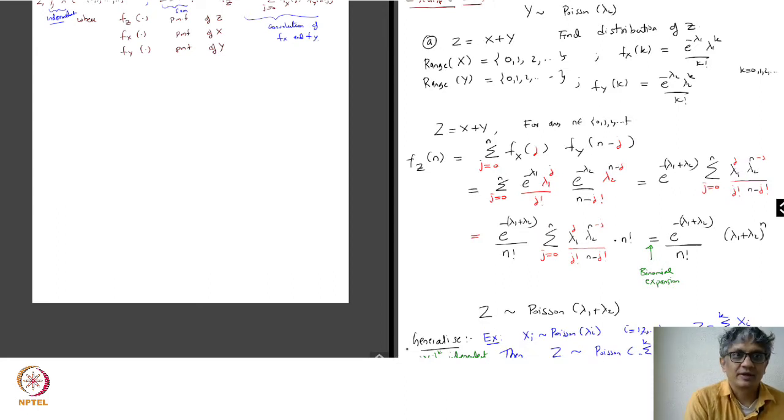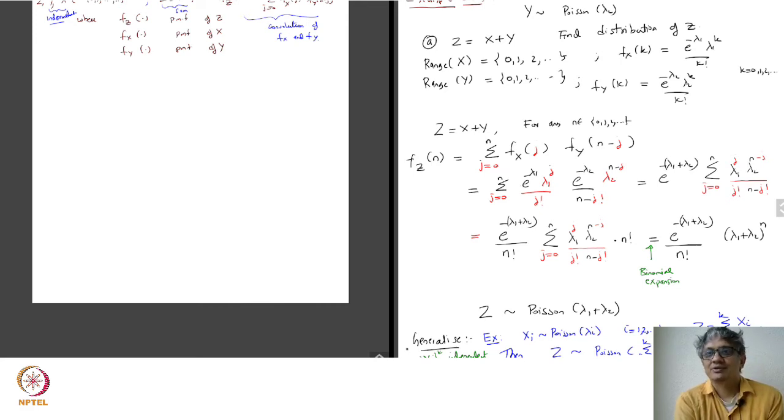So the idea was the following: if I had independent random variables X and Y, I sum them, I call the new random variable Z, then the probability mass function became the convolution of the two individual mass functions, and that we implemented in this example of Poisson. So we took two Poisson, lambda 1 and lambda 2, both independent.